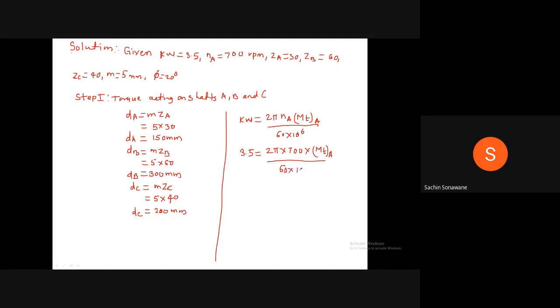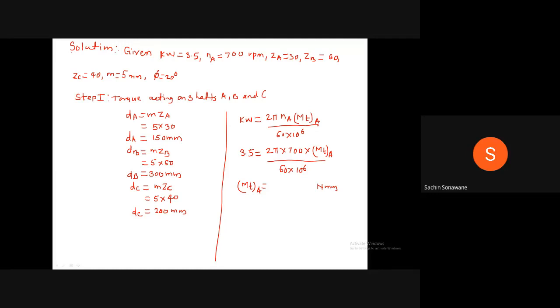Therefore, calculate torque on gear A. What is the answer? 47.75 into 10 raised to 3.